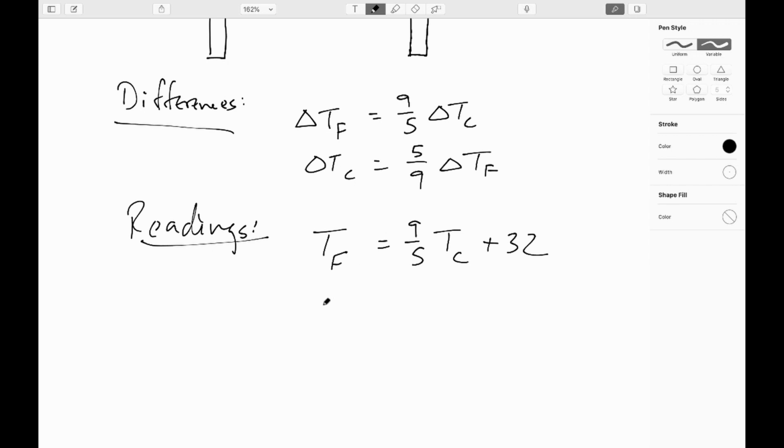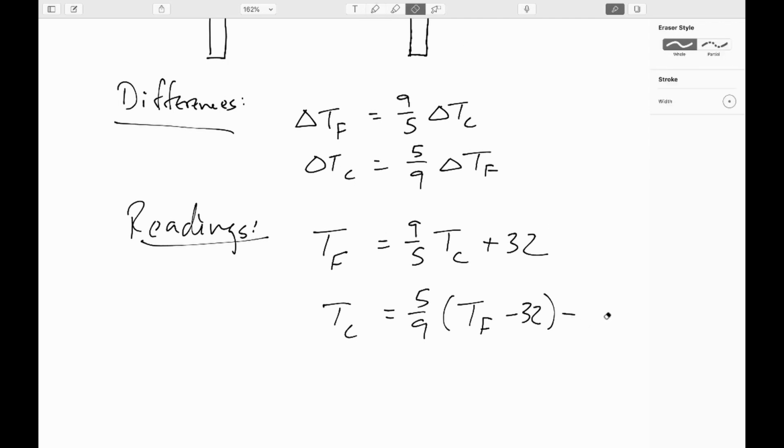So the Celsius temperature will be 5/9 of the Fahrenheit temperature minus 32, and then I'll erase this right away. You would add 0 to correct for the reference point that you're using.